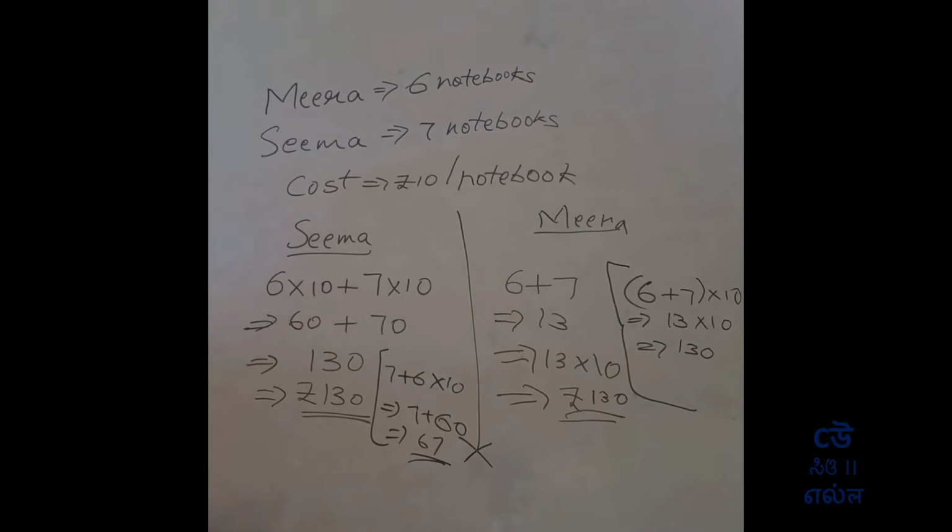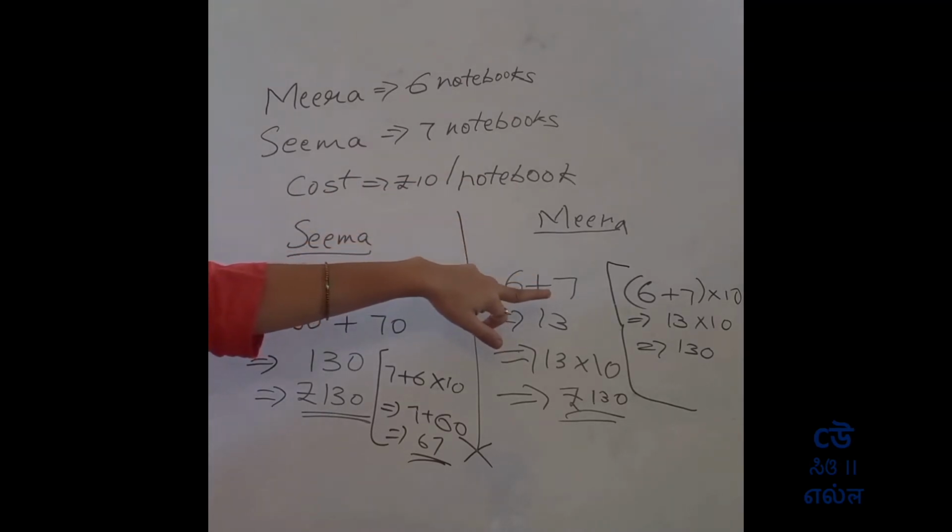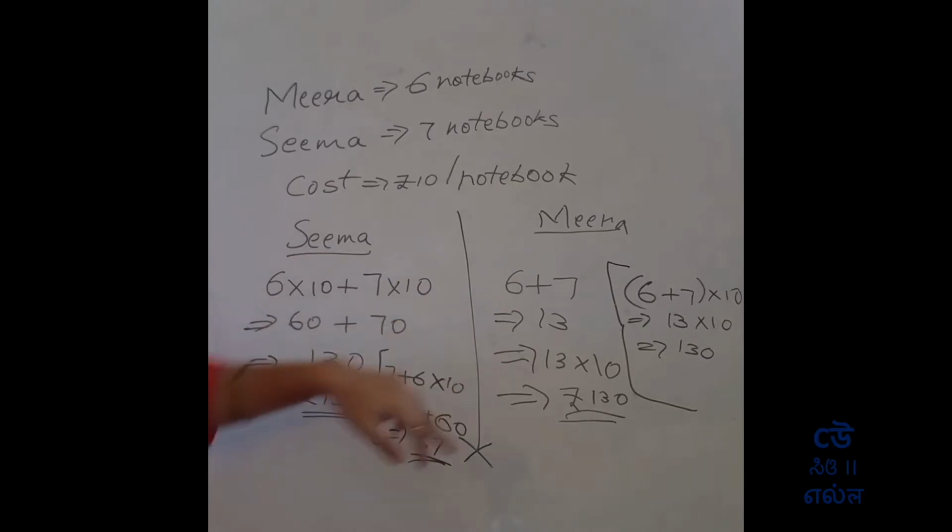Understood, children, how to use the brackets? Without using brackets you will get a wrong answer, so you should always use the brackets. Using the brackets, first calculate the number inside the bracket and then take the outside number. Okay. Next.